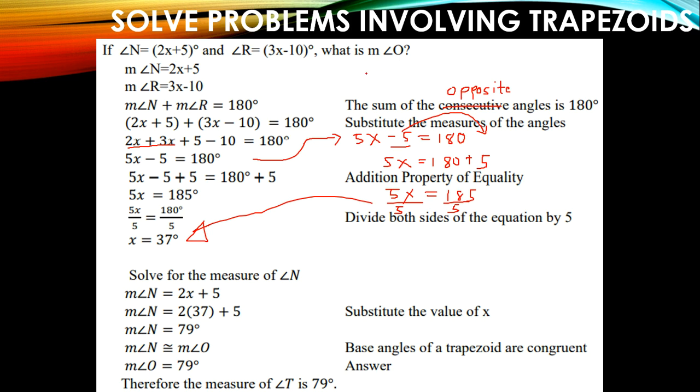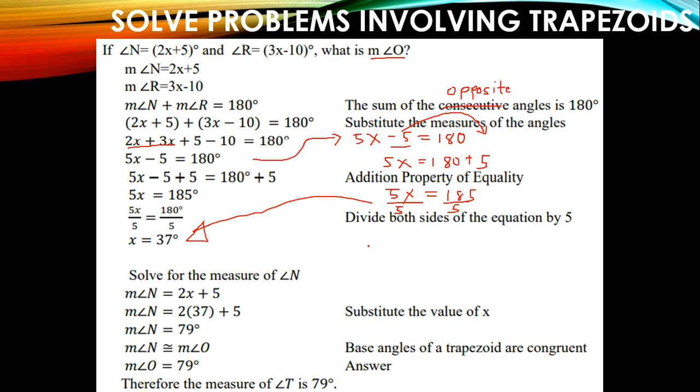But what we are looking for is the measurement of angle O. So how do we find the measurement of angle O? Solve for the measurement of angle N first. The measurement of angle N, which is 2x plus 5, then substitute the value of x, which is 37. So it becomes the measurement of angle N equals 2 times 37 plus 5.